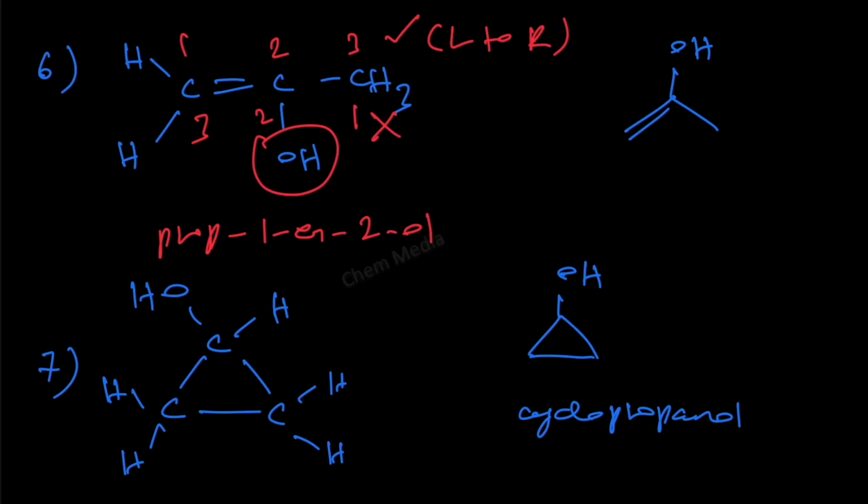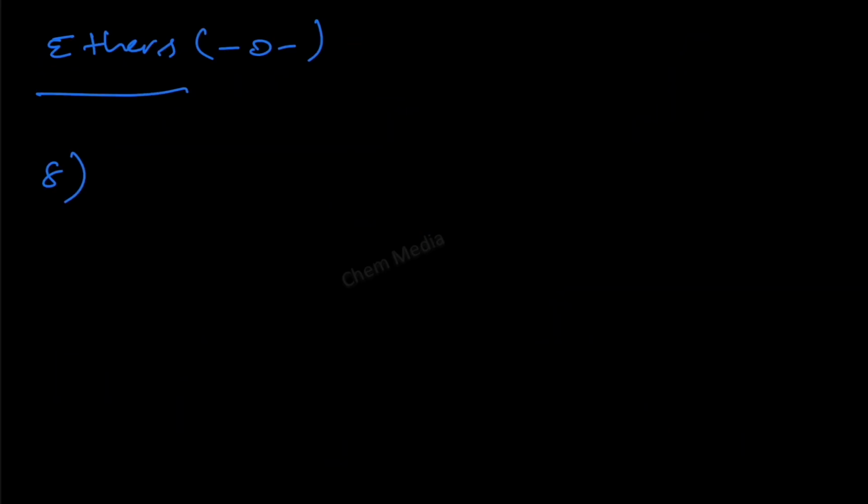Let's move to ethers. Number 8, we are going to write 2-methyl oxirane, that is oxygen, carbon, and then carbon, and then 1 methyl group at 2 position, and then 1 hydrogen where the methyl group was connected.